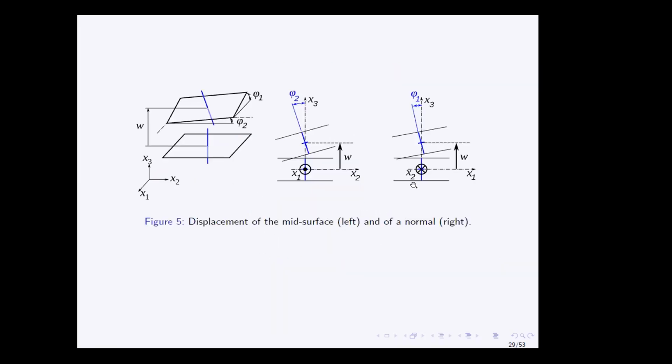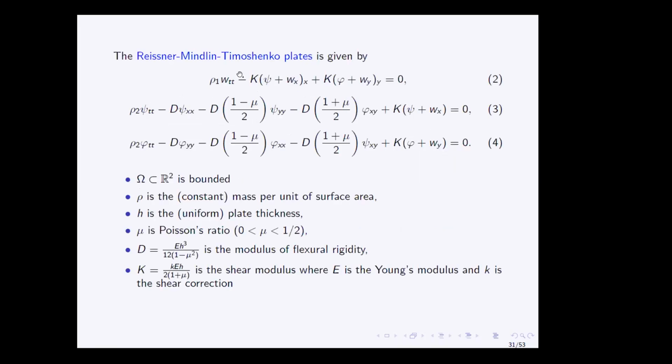So here we don't have only one rotation angle, but we have two rotation angles and a displacement vector. That's why we have a system composed of three equations given as follows. Of course, here also we have ρ1, ρ2, and μ are physical parameters, and they are assumed to be positive constants.